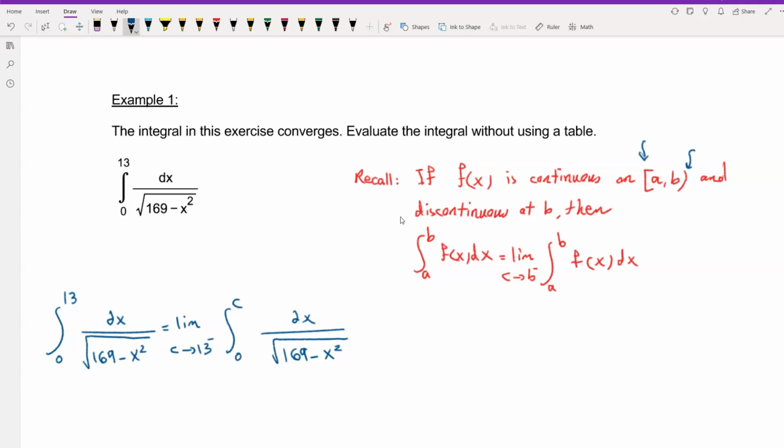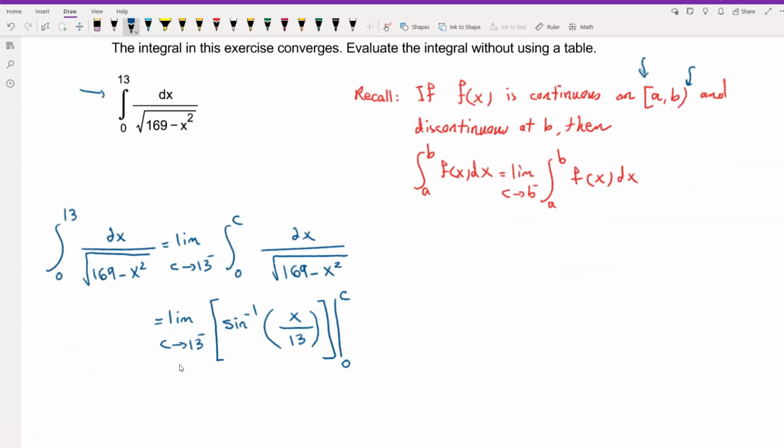So for this part, the integral from 0 to 13 of dx over the square root of 169 minus x squared is equal to the limit as c approaches 13 from the left of the integral from 0 to c of dx over the square root of 169 minus x squared, that is inside the square root in the denominator. So we have to integrate.